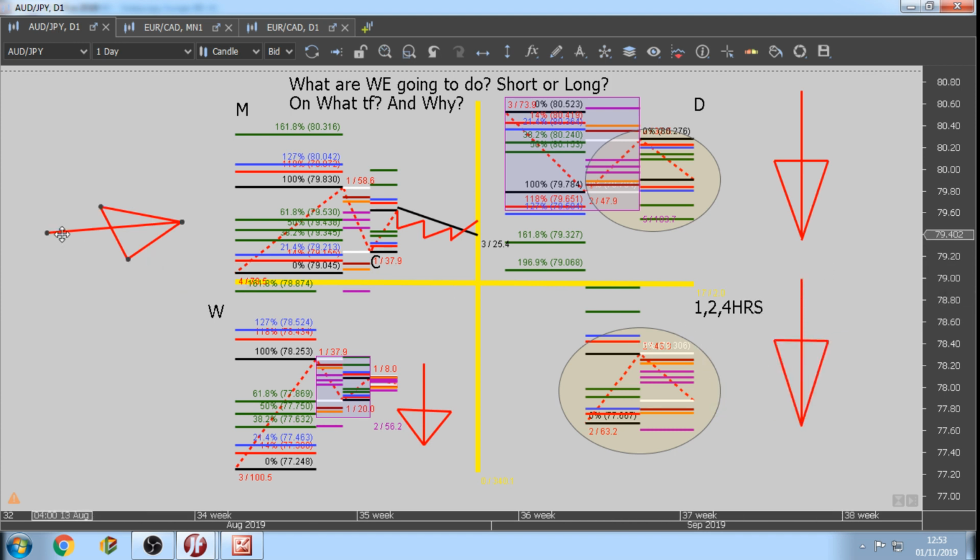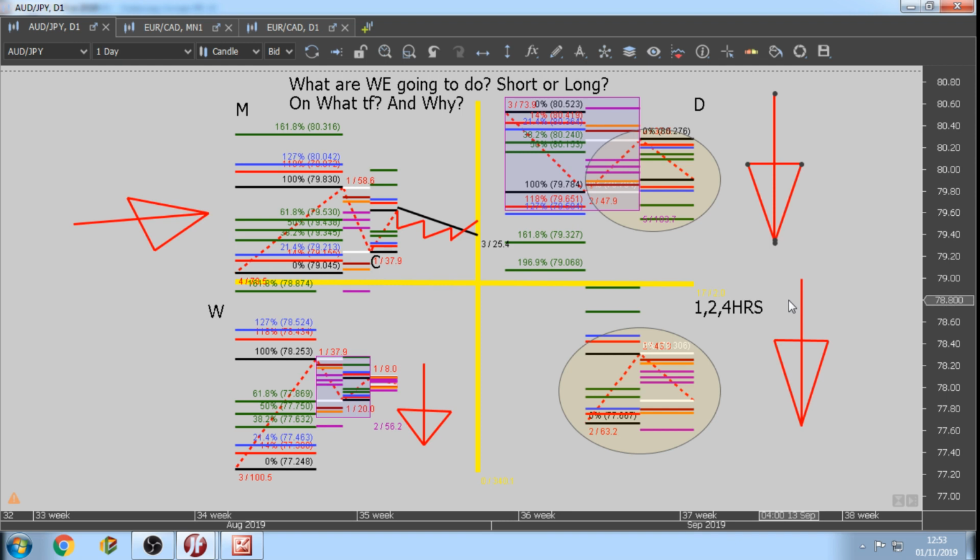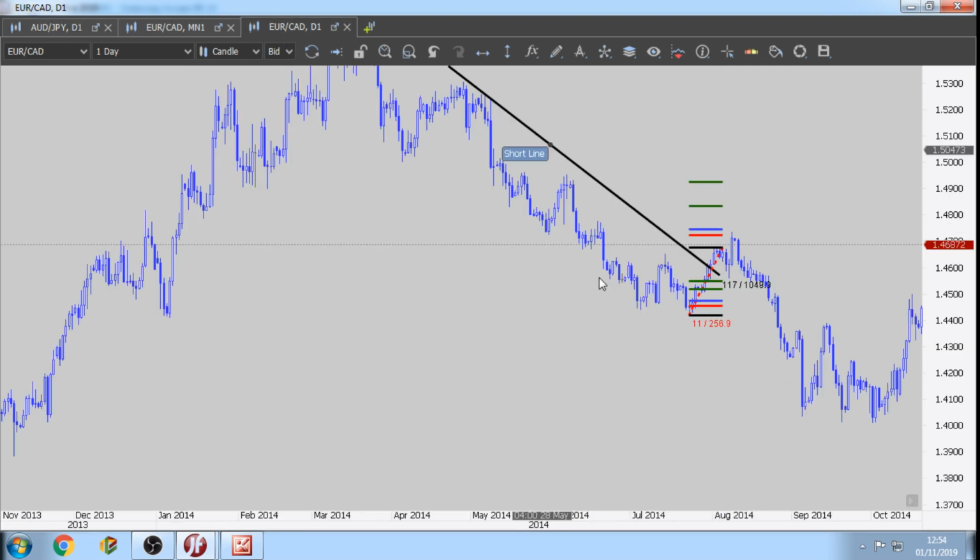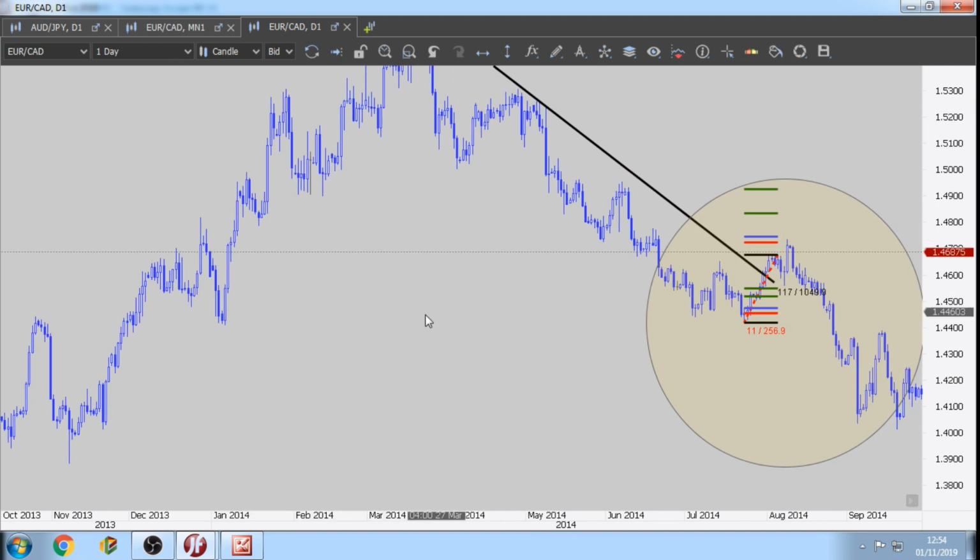Because if you are thinking, oh, I'm going to go long in here on the 1 to 4 hour chart because I have a confirmed C, and you are going against the first wall, which is your confirmation time frame, because the monthly is up with a confirmed C, you are going to lose. I'm telling you, you are going to lose. Simply because you don't have enough stamina, you don't have enough capital to sustain this retracement.